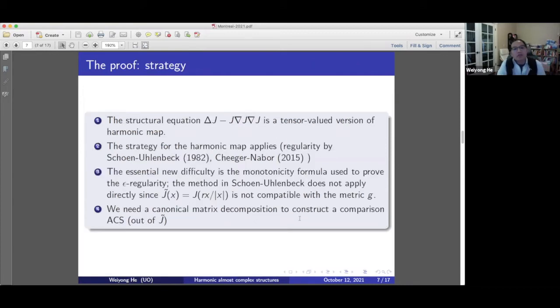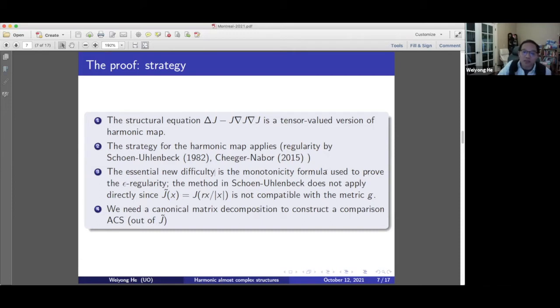The essential thing here is that the structure equation is essentially the same tensor valued version, and the strategy works as for the harmonic map. But there is one new difficulty. It turns out it can be overcome using a matrix decomposition, quite a canonical one.